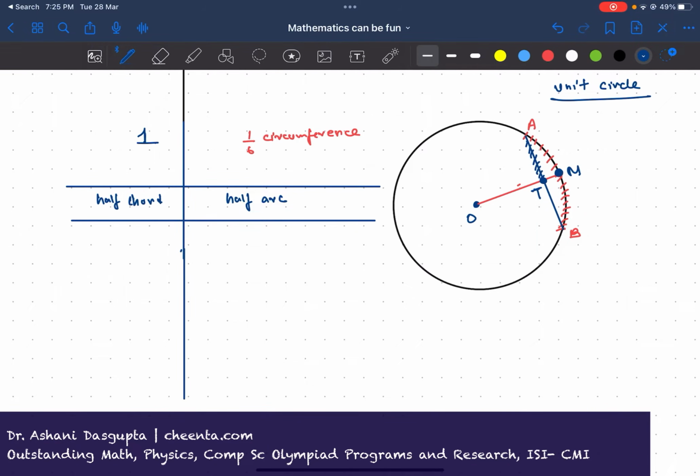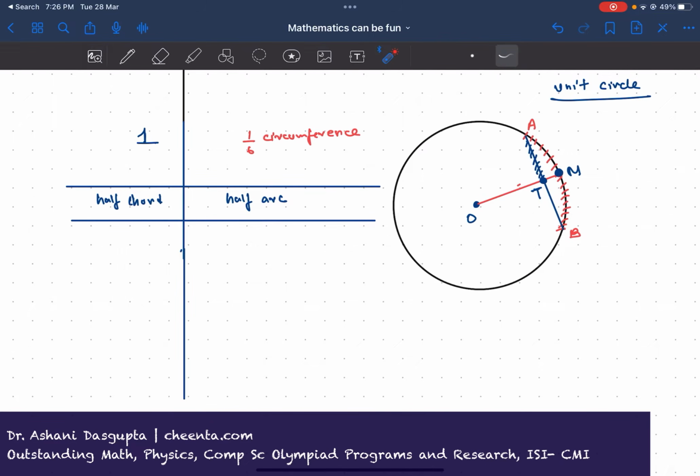Notice that the half chord is not really a chord, it's just half of the full chord. Because if it has to be a chord, then both the endpoints should be on the circumference. That doesn't happen here. But the half arc is really an arc. Okay, so why do we do this? Because if we know the half chord and the half arc, then we can just double it to know the length of the full chord and the full arc.